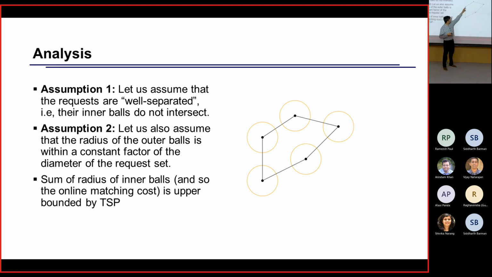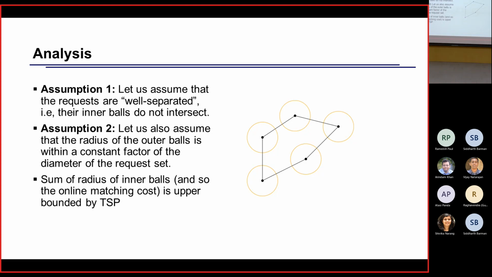Take the sum of the radii of the endpoints. That has to be less than the cost of the edge. The cost of the edge will be greater than the sum of the radii. So if you sum across all the edges, 2 times the sum of the radii will be less than the traveling salesman tour for this point set. So now we can say that our online matching is less than the traveling salesman tour.